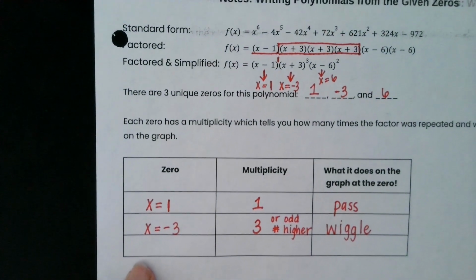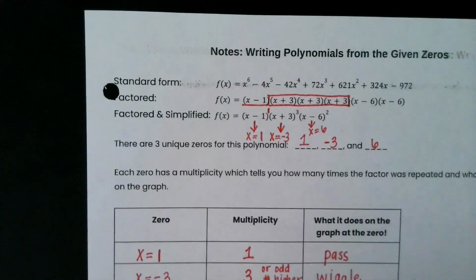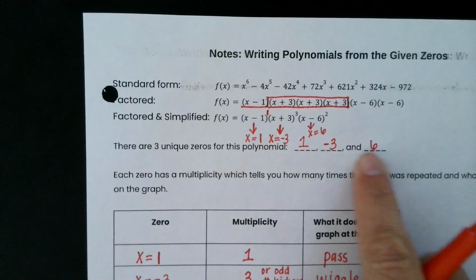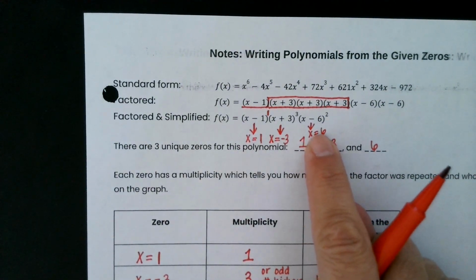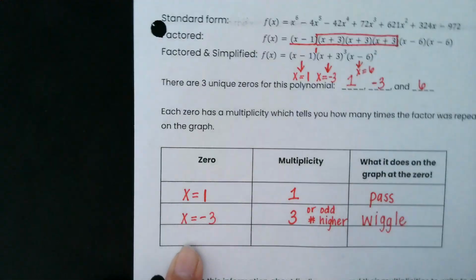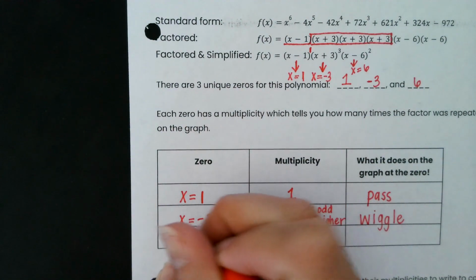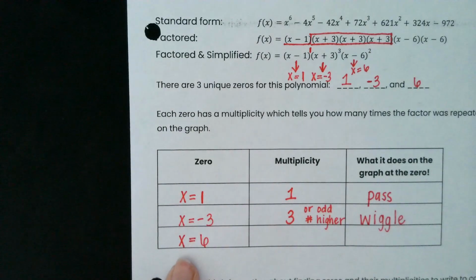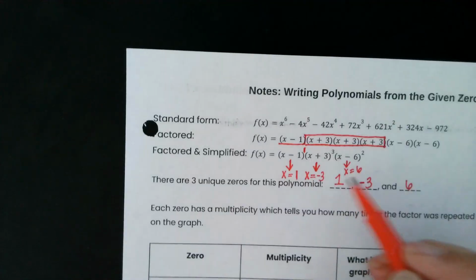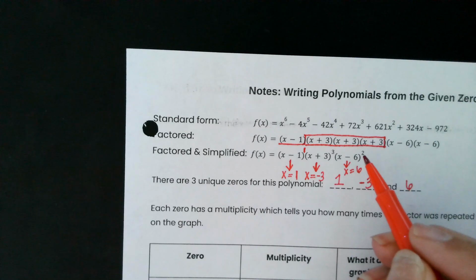And then the last one. Our last 0 was x equals positive 6, and the multiplicity on that factor, the exponent on the outside, was a 2.